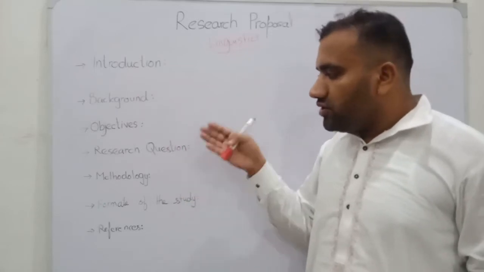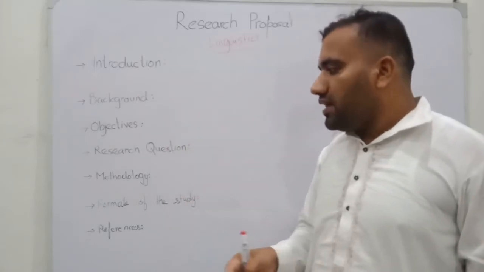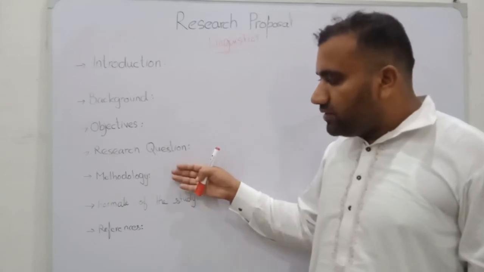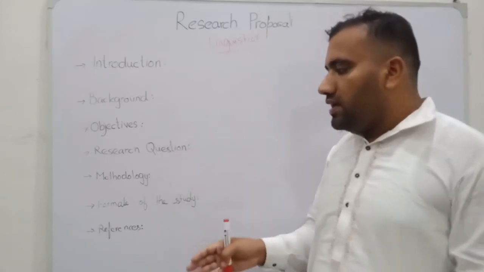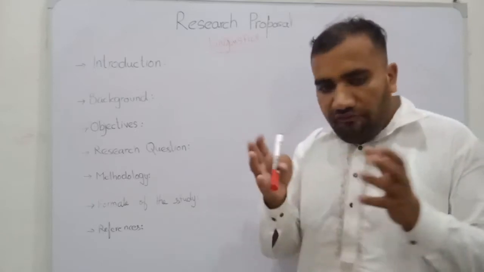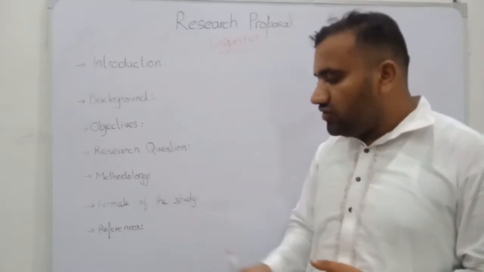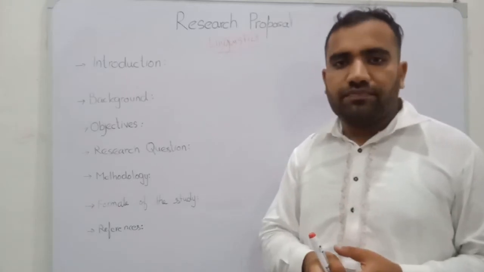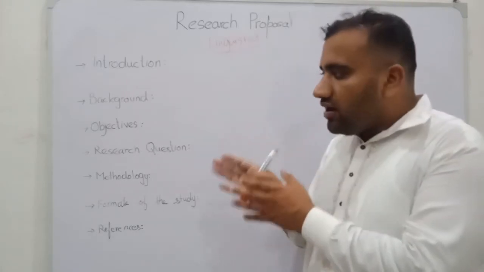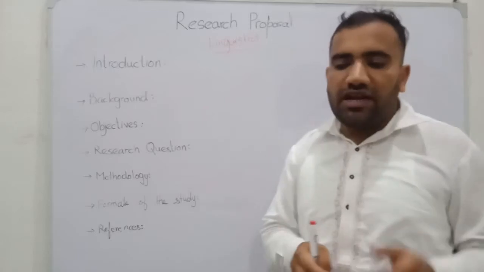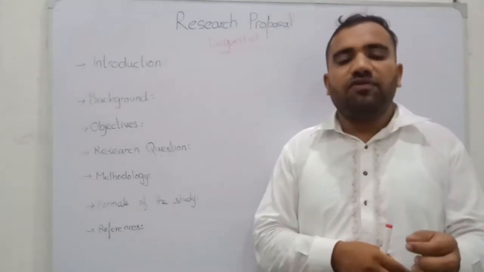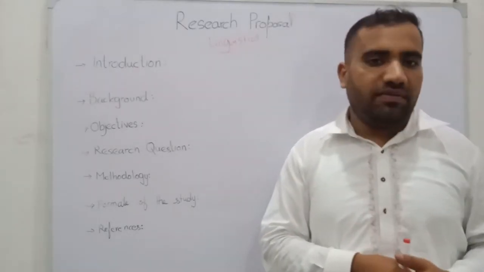The fourth is research question. The fifth is methodology. And the sixth is the format of your dissertation. And the last one is references. And these are the common headings that you are already familiar with.